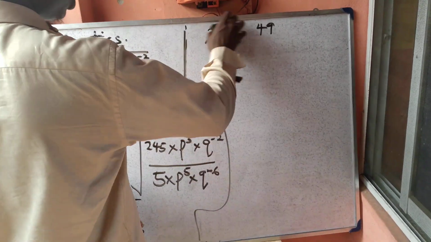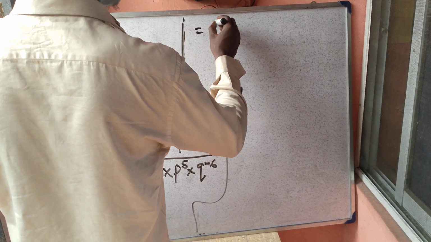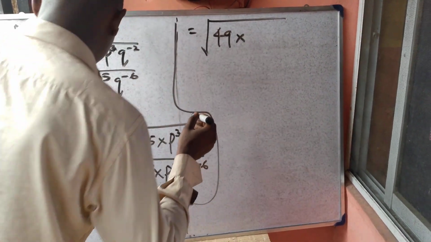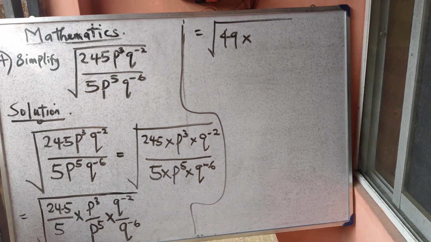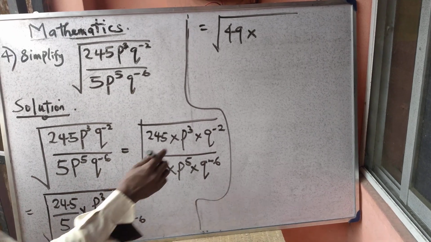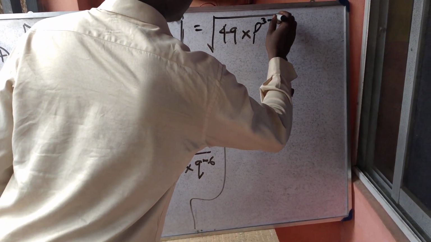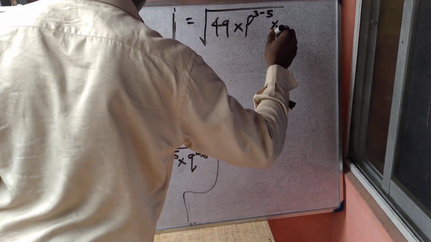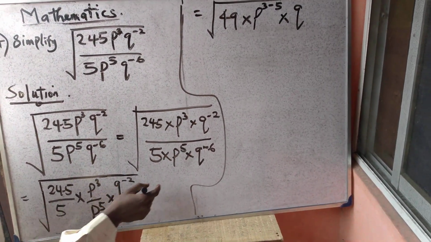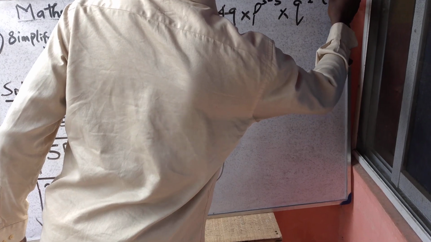Okay, so what next do you do there? Hence you have obtained that, you put the value there, this is square root of 49 times. Now you apply division of indices here: subtract the power of the divisor from the dividend, that is subtract 5 from 3. This is p raised to power 3 minus 5 times q raised to power, subtract minus 6 from minus 2, this is minus 2 minus minus 6.